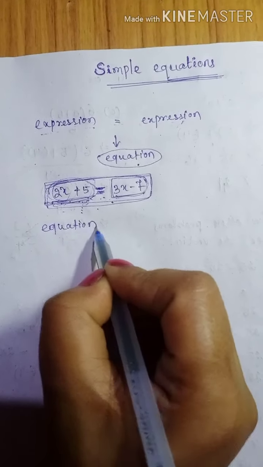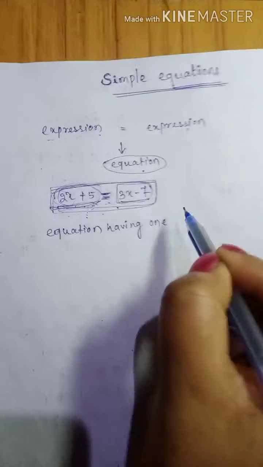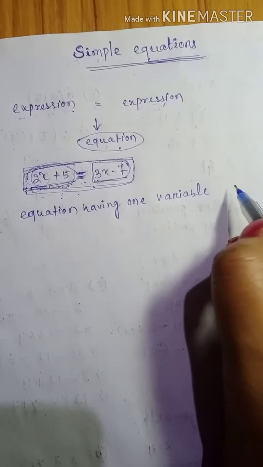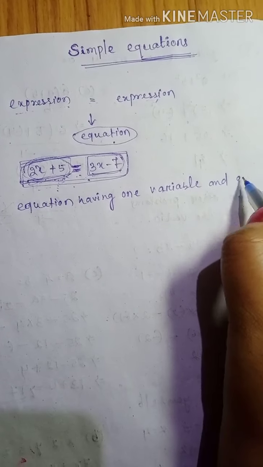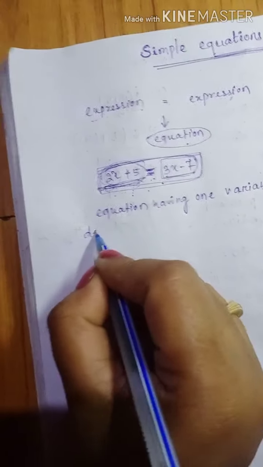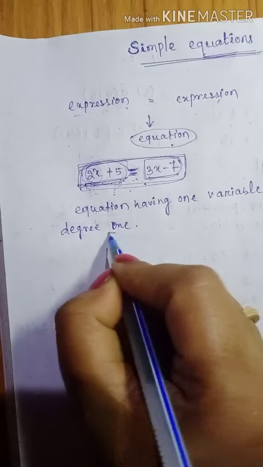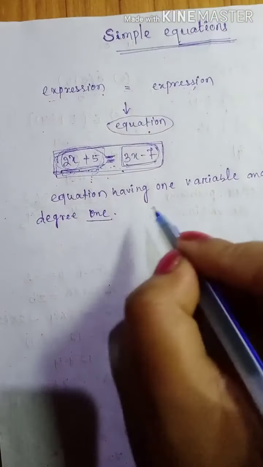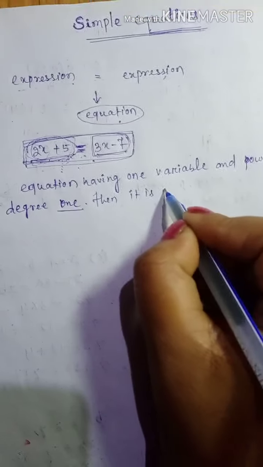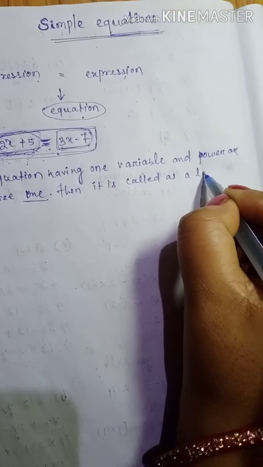Another thing I want to tell: an equation having one variable and power or degree 1 is called a linear equation.